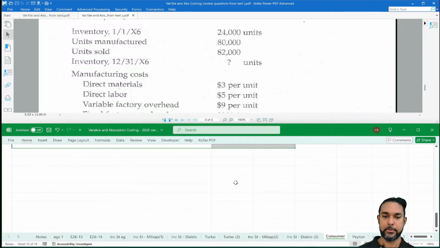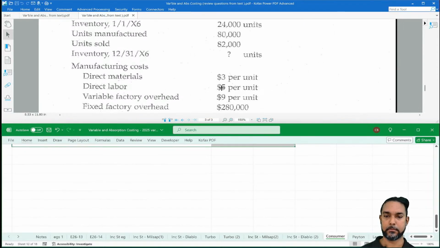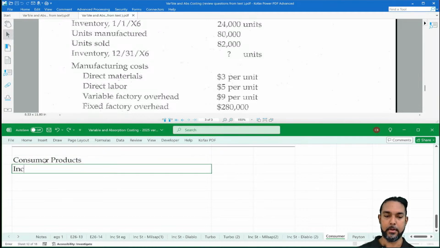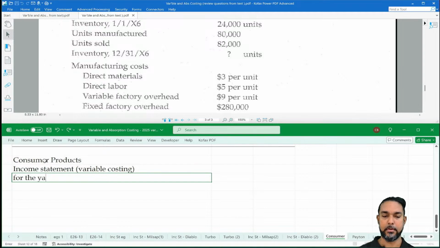Right. So consumer products, income statement, variable costing for the year ended 31 December 19x6.